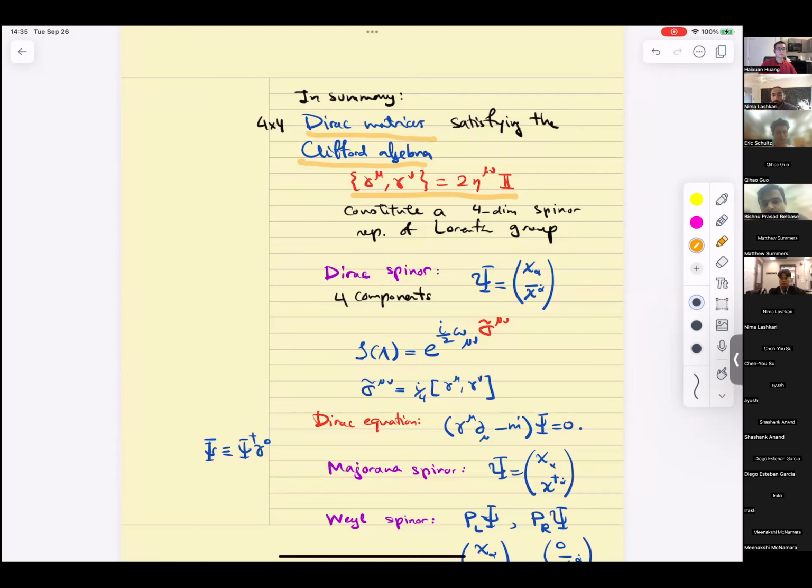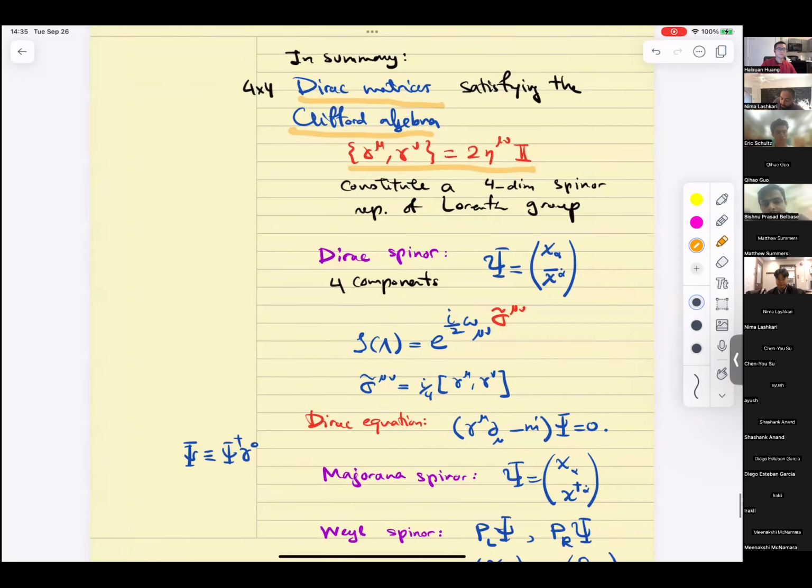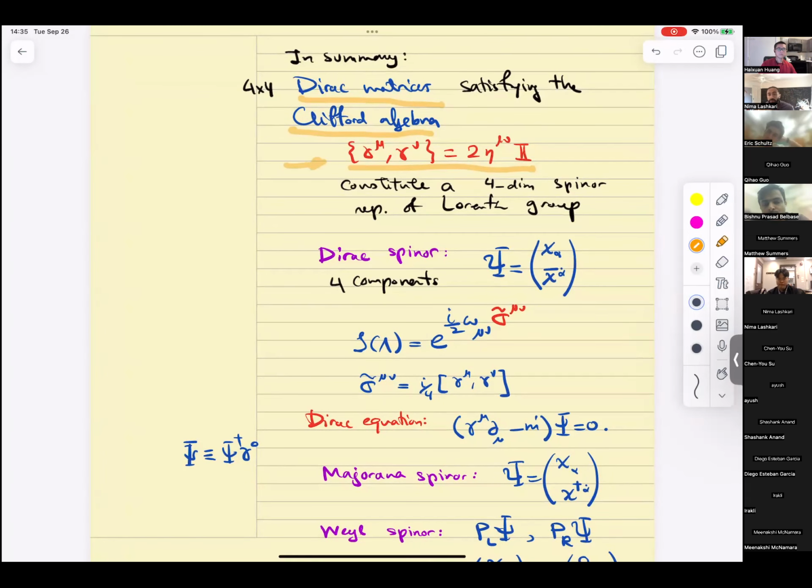All right. Because these are 4x4, your spinors must be 4-dimensional. Such a spinor is called a Dirac spinor. You split it: the two upper components, you write this way, the two lower components, you write this way.